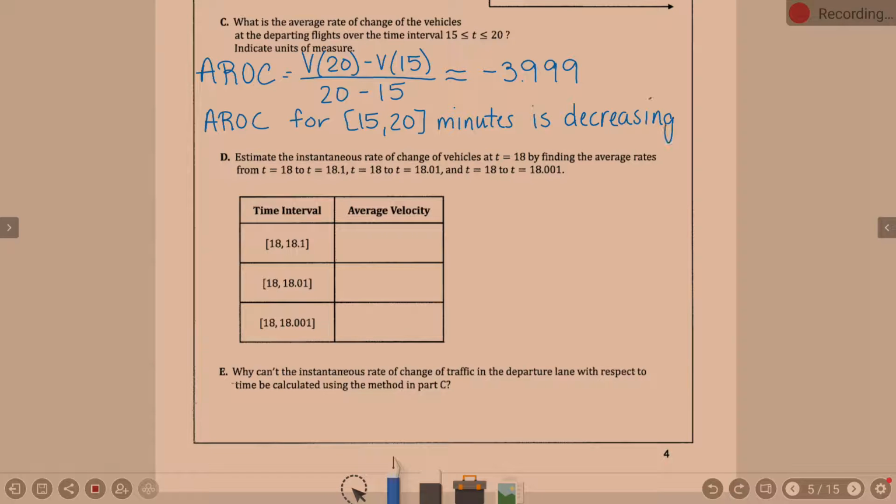Don't just tell me there's a -4, the rate of change is -4 vehicles per minute. What does that negative indicate? And the fact that it is decreasing or they're leaving, something to indicate there. So decreasing about 4 vehicles per minute.